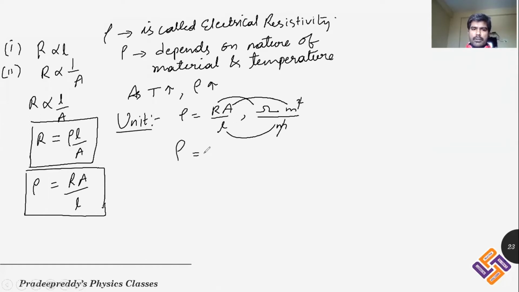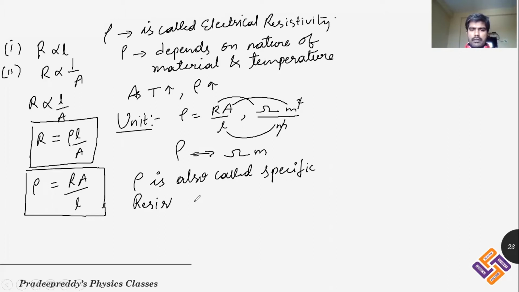Rho has the unit ohm meter, and rho is also called specific resistance. Resistivity is also called specific resistance of the conductor. The unit of resistivity is ohm meter. Right? These are the things we need to know.